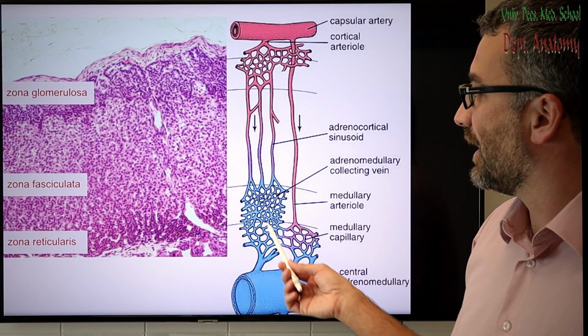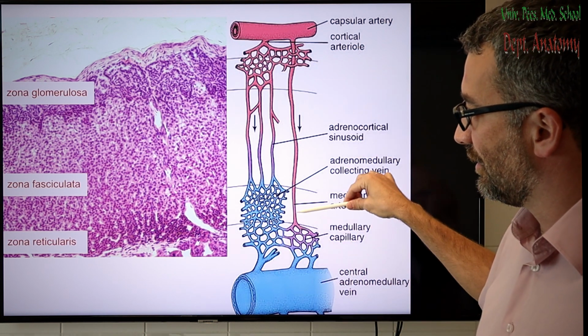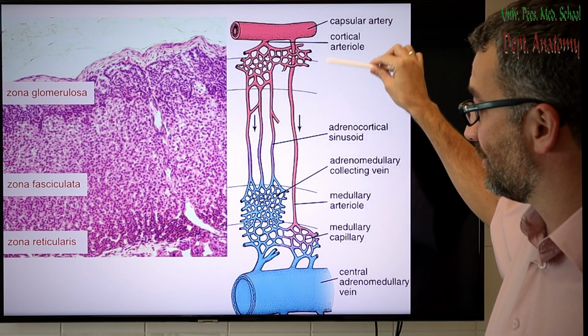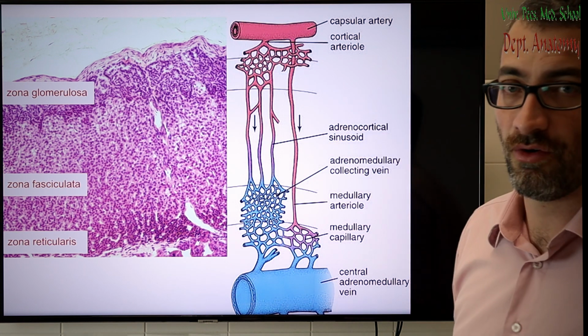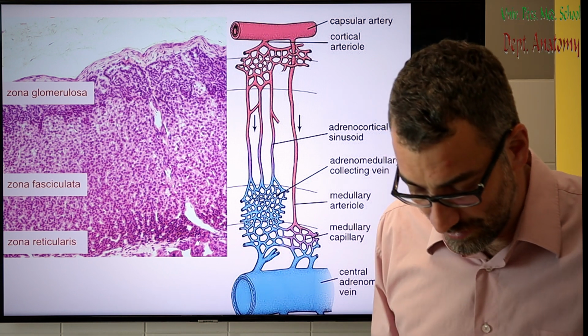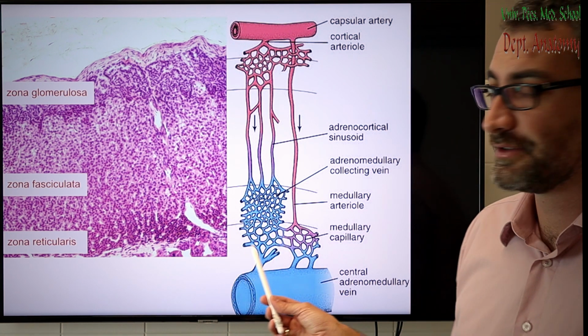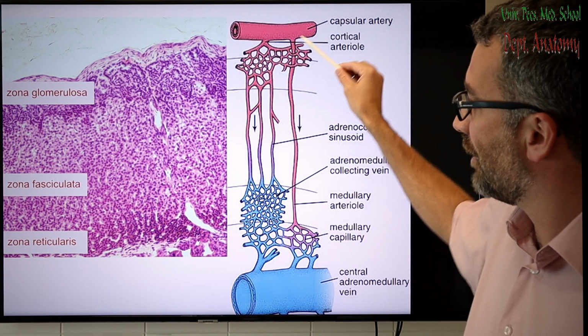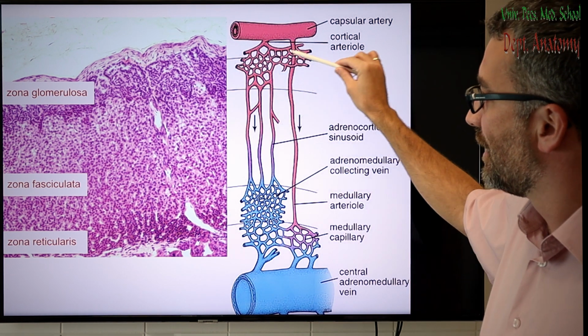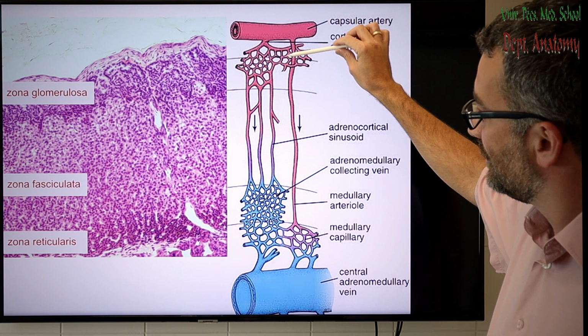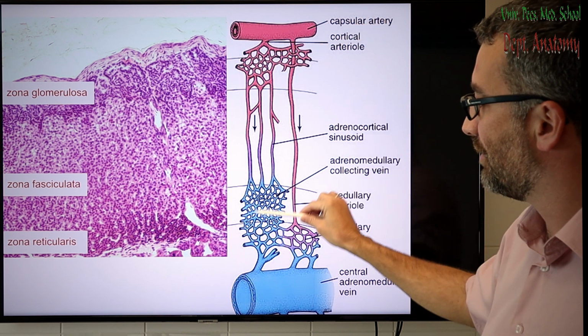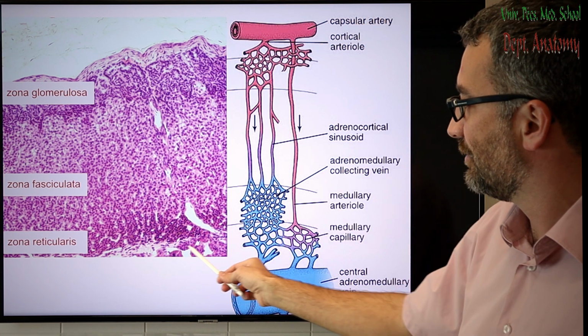But on this slide we can also see a drawing of the blood vessels of the cortex, which means that the arteries reaching the cortex will capillarize in the cortex, and some of them recapillarize again in the medulla.